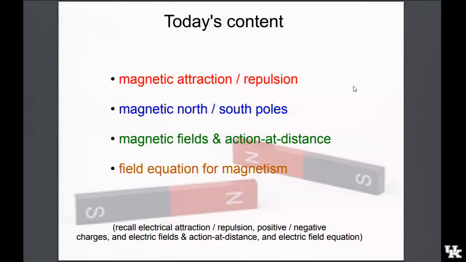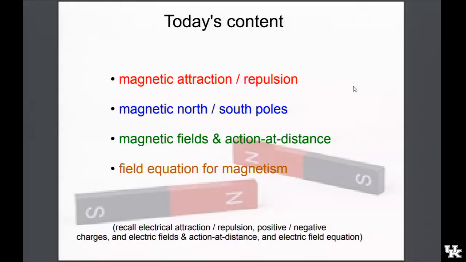Okay. So today, I want to talk about this list of topics here. I want to introduce magnetic attraction, magnetic repulsion. We'll start with that. I want to introduce magnetic south poles, magnetic north poles as explanations of magnetic attraction and repulsion.